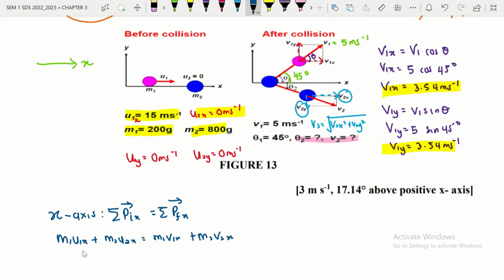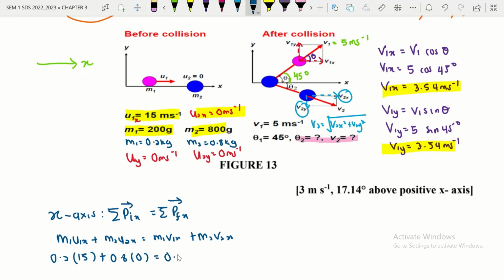So m1 kita berapa? M1 kita, we must change it to kilogram, tak boleh dalam gram. So kita akan dapat 0.2 kg dan m2 kita adalah 0.8 kg. So m1 0.2, u1x kita dah tahu 15. Okay, m2 kita 0.8, u2x kita dia tak bergerak, stationary ball, so 0.